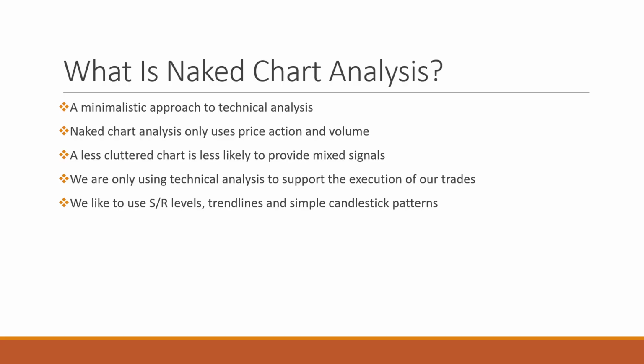And if you've got a few things like that going on at a certain level, it means that that level is likely to be stronger, because remember, the technicals work better when there are more eyes on a particular level. So the more people you have watching it, the more orders you're likely to have around those levels, and therefore the more reactive the price is likely to be when it gets there.